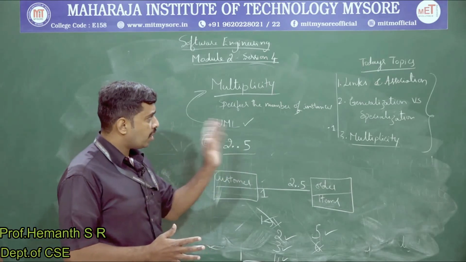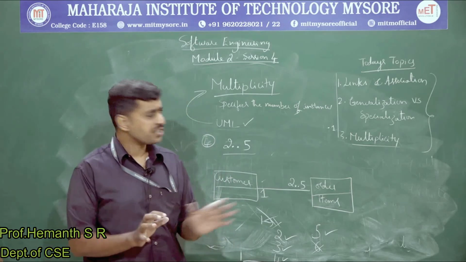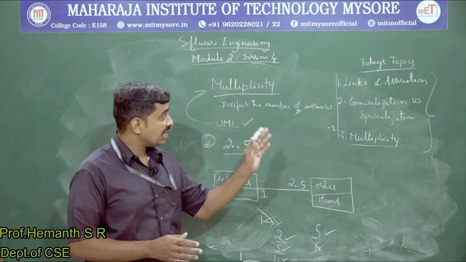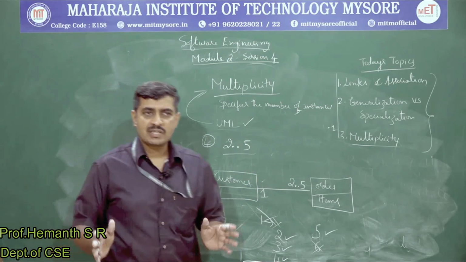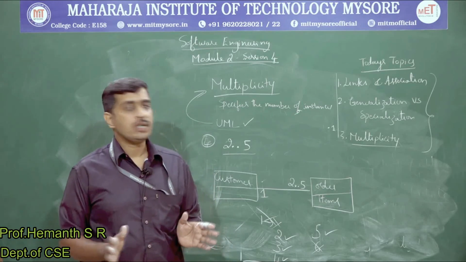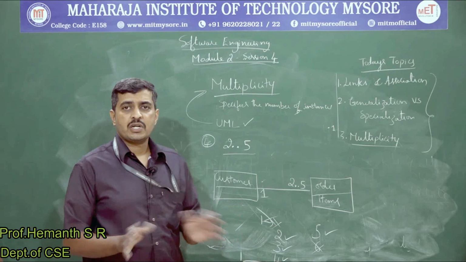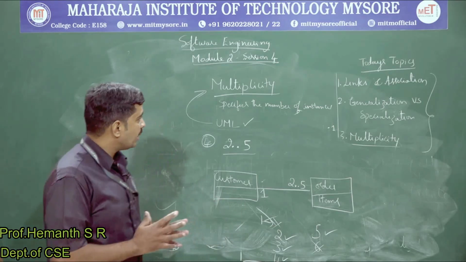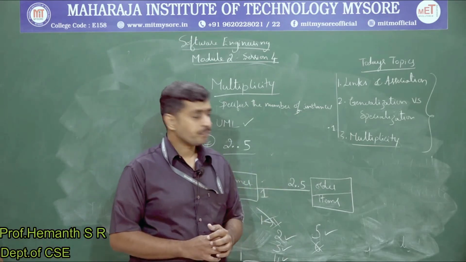We also understood how we can represent relationships between the classes, between the objects using link and association. Because we will have n number of classes and n number of objects in object oriented modeling. These classes and objects are not independent, they are related to one another, they communicate with one another. How exactly they are doing it is represented using links and association.